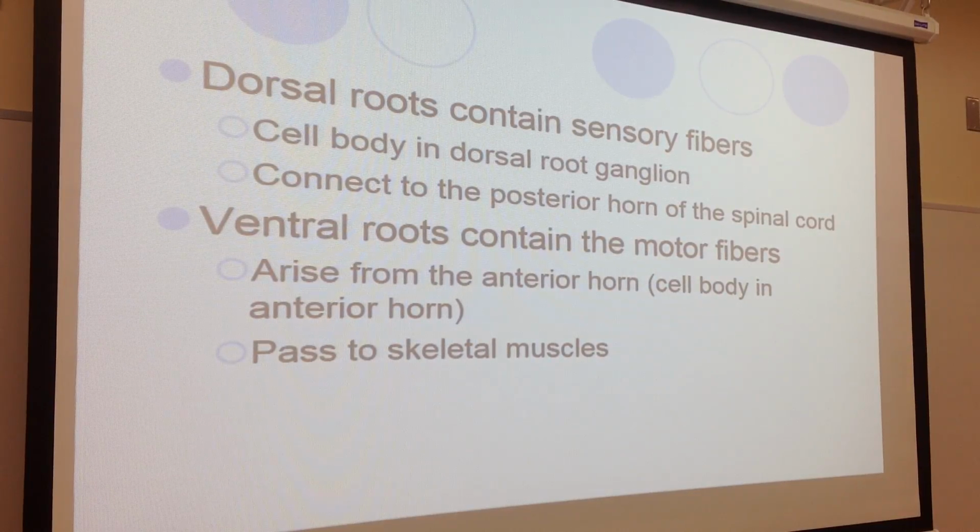And they connect to the posterior horn of the spinal cord. We've already said that. Ventral roots contain the motor fibers. They arise from the anterior horn where the cell body of the motor neuron is located, in the anterior gray matter or anterior gray horn. And those, when they pass out, go to skeletal muscles.